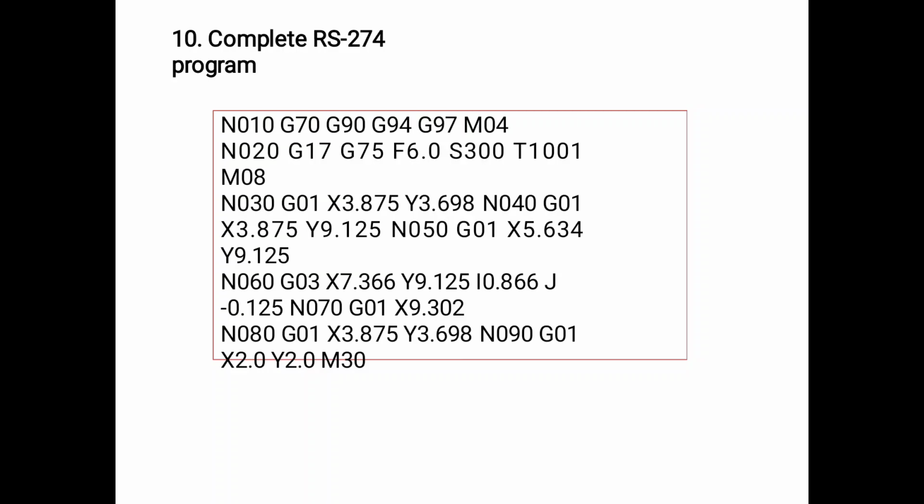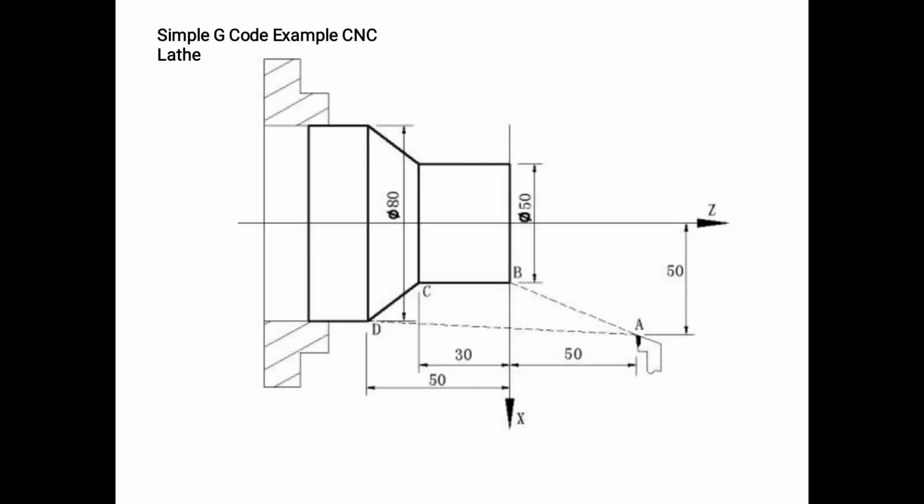We will discuss this further, and some other examples are given in this diagram. For an 80 diameter rod with a length of 50, the part will be designed like this. The dimensions are shown in the figure, and the part program is maintained like this.